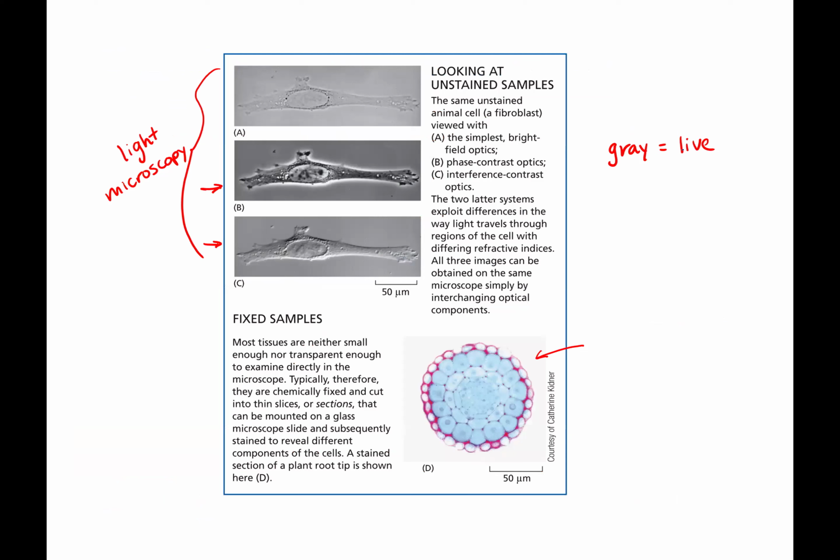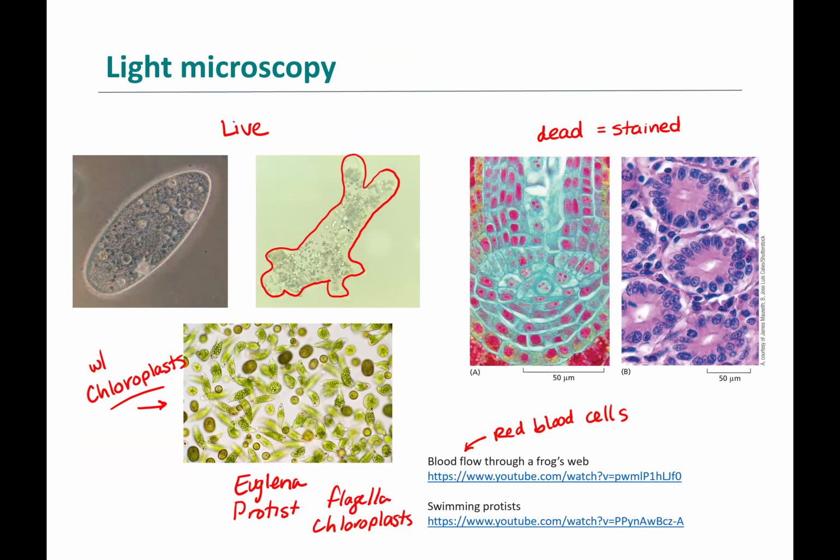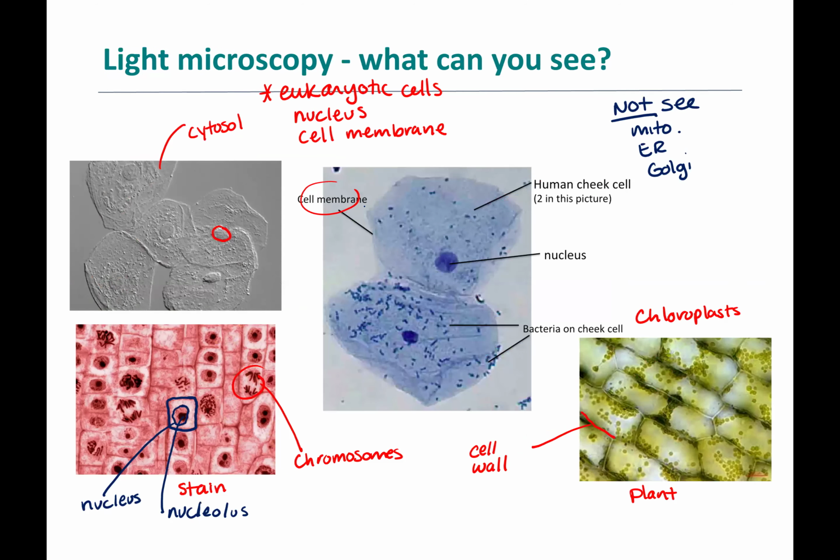And in this amoeba, here's the nucleus. We have lots of these little vesicles, organelles, who knows, but you can't distinguish them. So we're really limited to the nucleus because it's so big, the cell membrane and cell wall because they're around the outside, chloroplasts because they have natural green coloring, and chromosomes when we're staining and a cell's undergoing cell division.